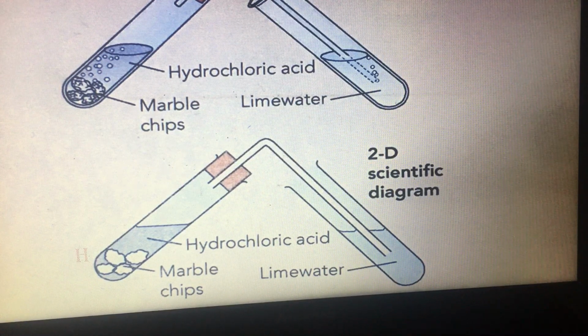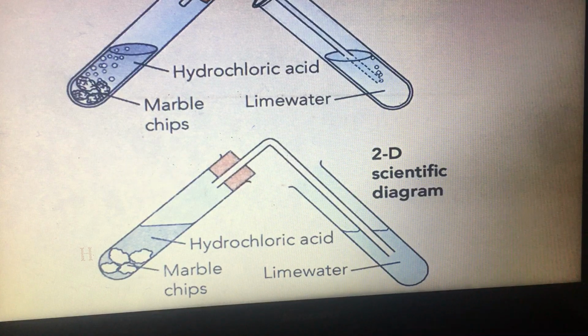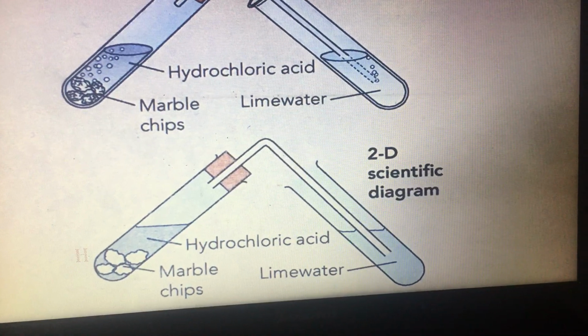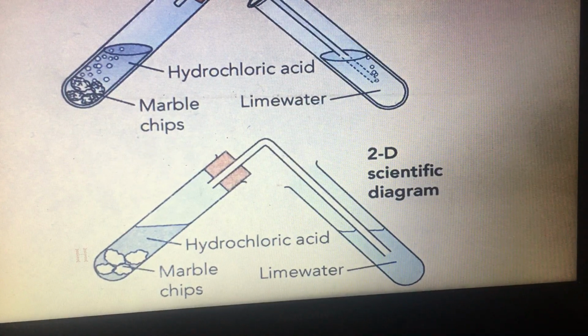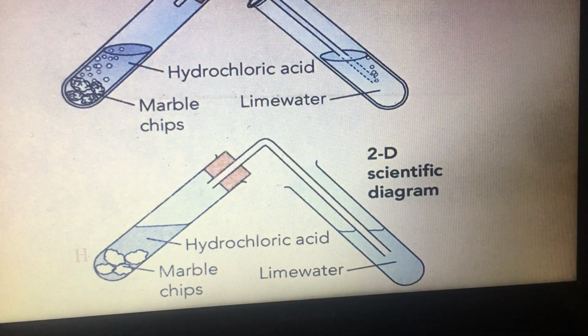So focus on this apparatus. Here we have two tubes. The first tube is filled with hydrochloric acid, and we add marble chips. Marble chips contain calcium carbonate, and they react with hydrochloric acid to produce carbon dioxide.